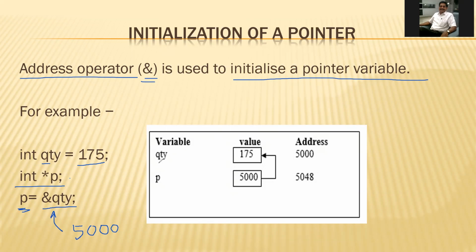The variable name is quantity. Quantity has the value 175, which is stored in a memory location, and it has the address 5,000. Every value in a memory location has its own address.